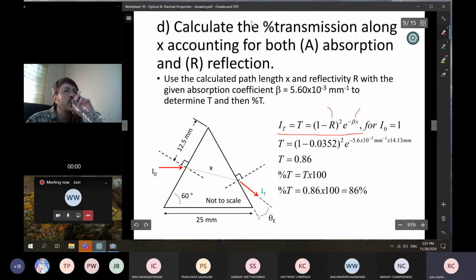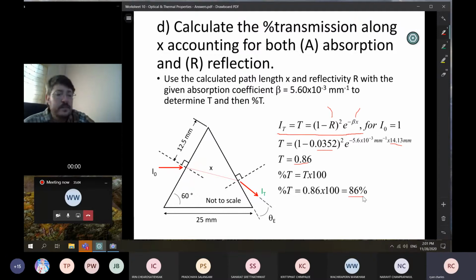It's one equation. So you've calculated path length X, and you found the reflectivity. So you just dump those numbers in with beta, and you get T is 0.86, where the percent transmission is 86%. All right, that was the answer I was looking for.